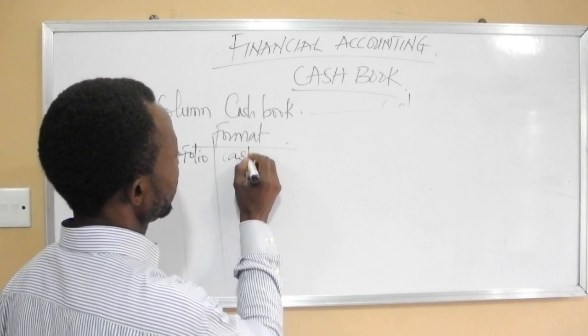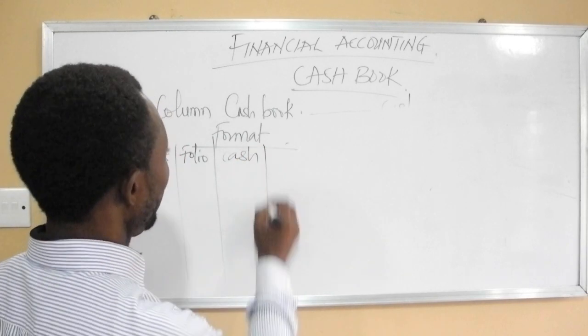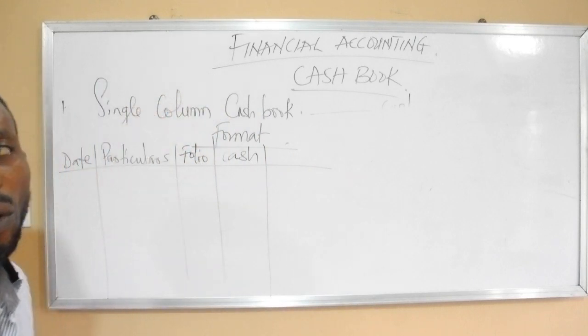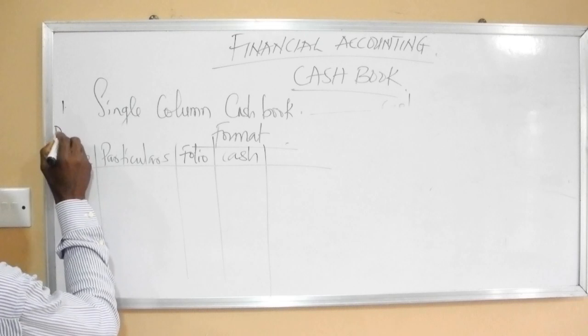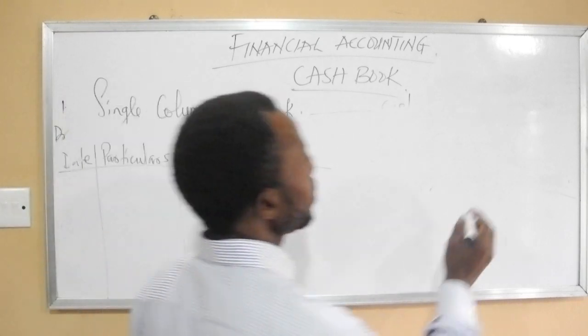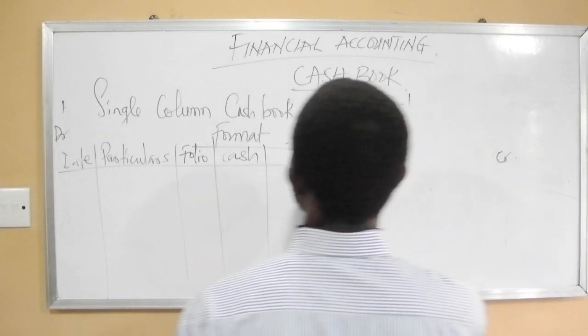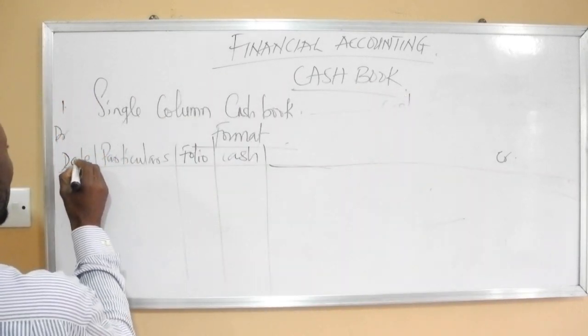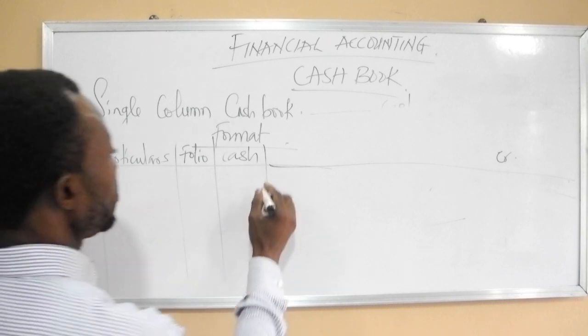You have cash. All right. Now, cash, don't forget that we said it follows the rules of double entry. So it means that this particular part is our debit. Then we have this part to be our credit side. So you repeat the same thing here. The same thing that is here now will be repeated here.